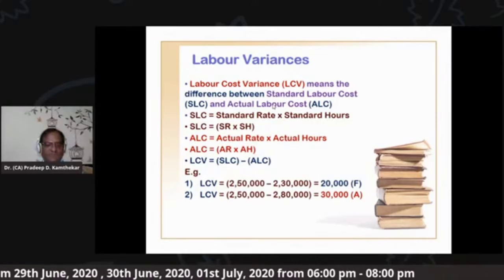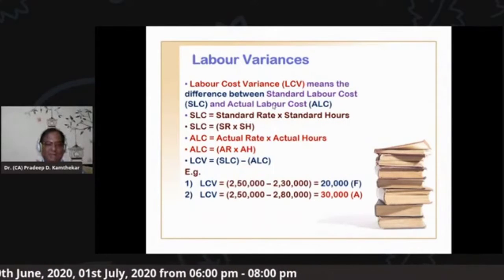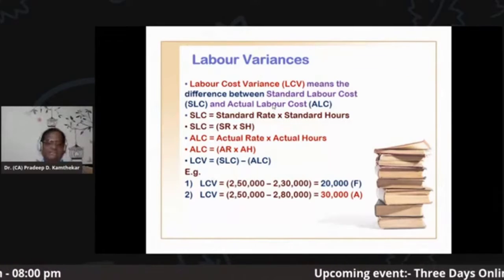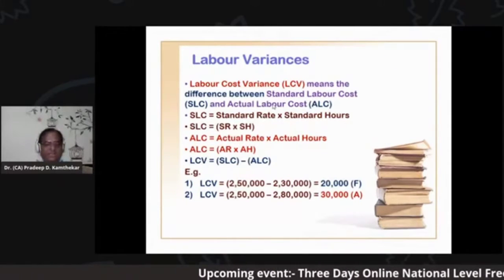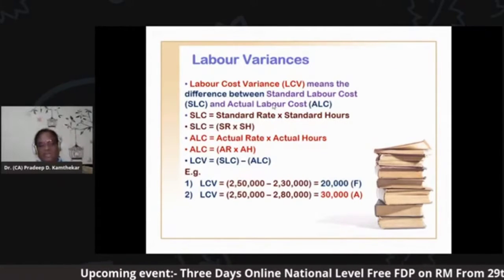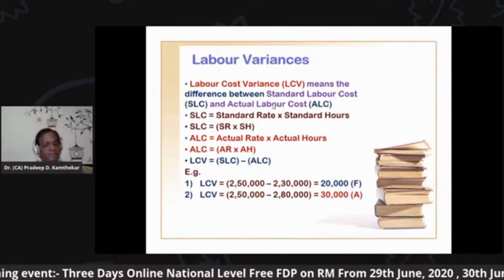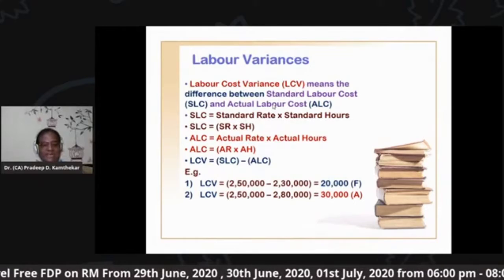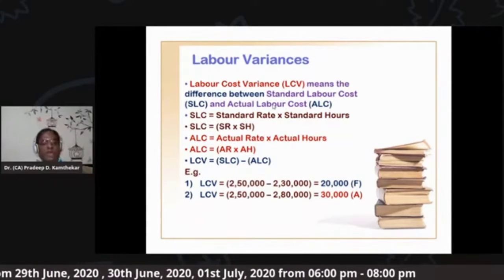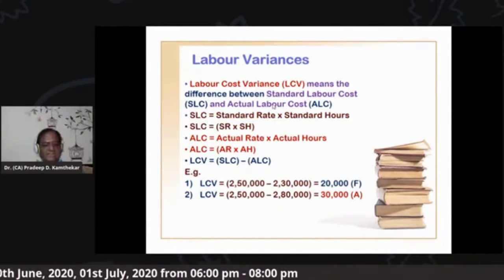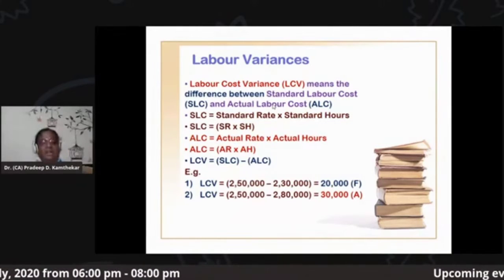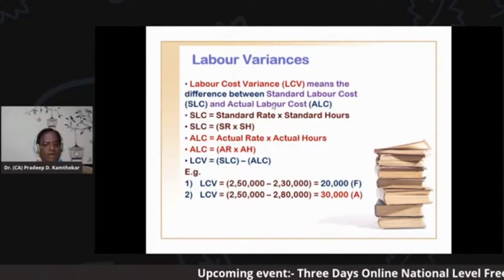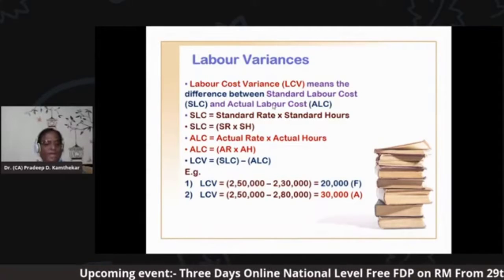Friends, the difference between the material variances and labor variances is that in case of material variances we call standard price, in labor variances we call standard rate. And for actual price in material variances, in labor variances we'll call actual rate, because that is the rate paid to workers per hour or per day or whatever may be the parameter.